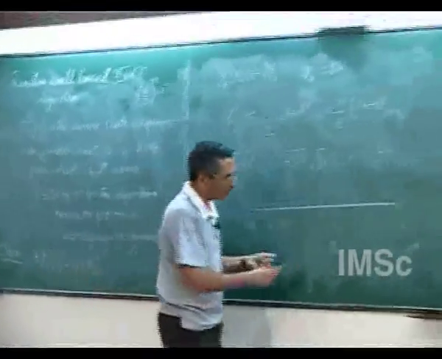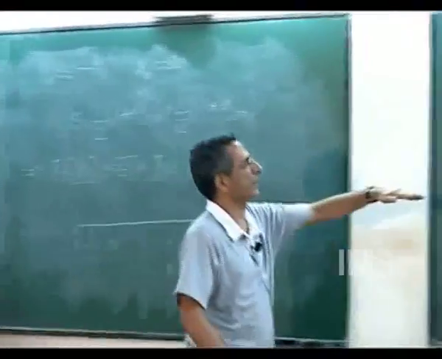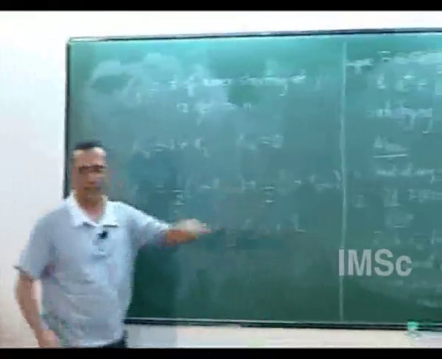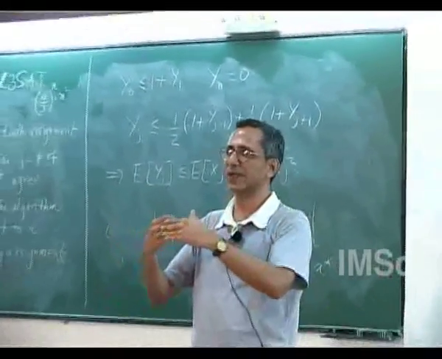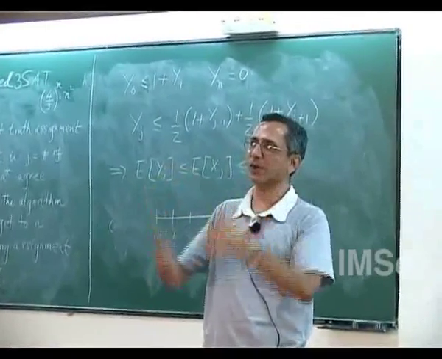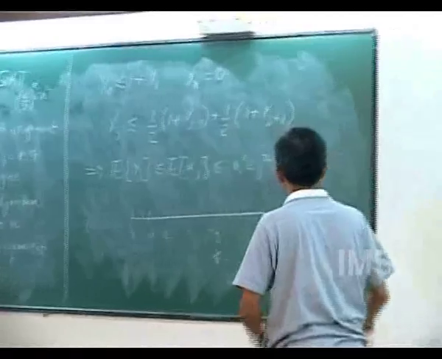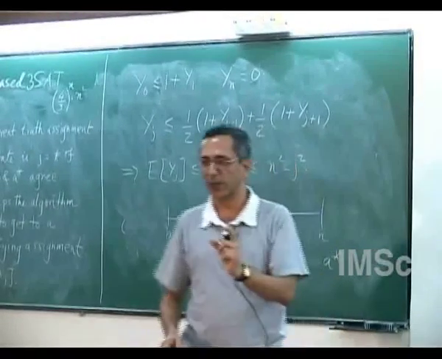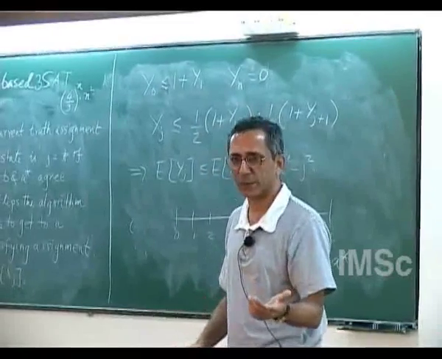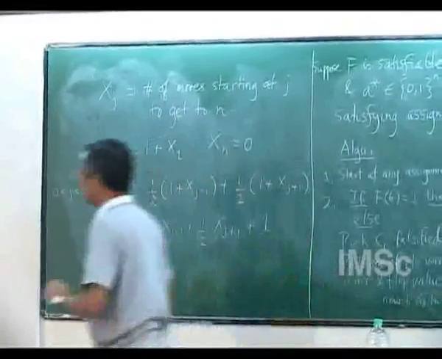The way we have analyzed the 2-SAT case, it's clear that the random walk on the line was a kind of worst case behavior which gave you an upper bound on the running time for the actual algorithm. So here the worst case behavior would be that a step to the right you take with probability 1/3 and a step to the left you take with probability 2/3, which means that the recurrence that we have here will change accordingly.